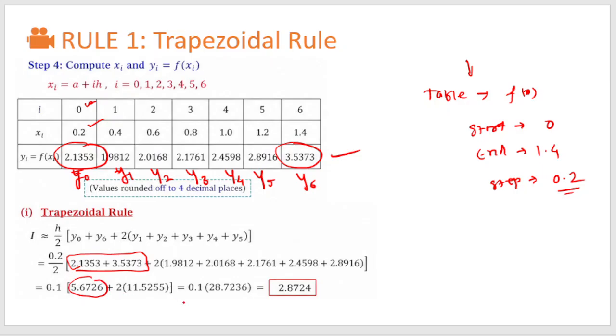This is X plus 2 times R. R means remaining. All values from y1 to y5 you need to add. So finally, if you enter in the calculator, your answer is 2.8724 by using the trapezoidal rule. This formula is very simple. Just enter the correct values. All of you remember, right?